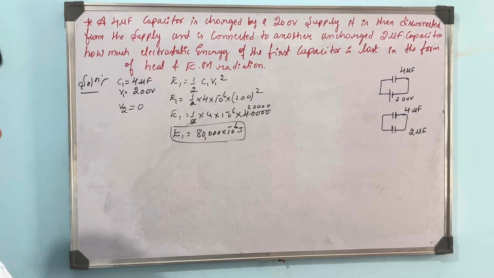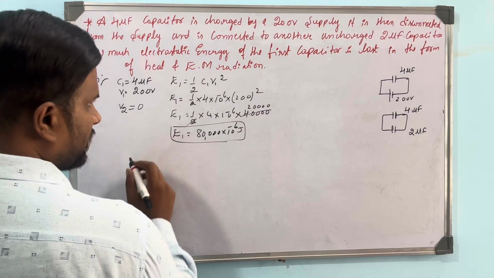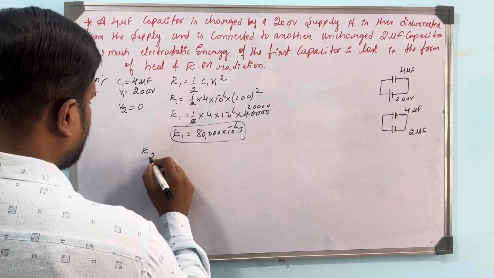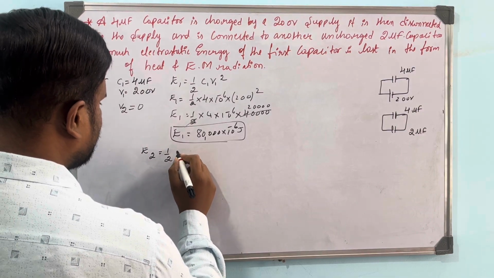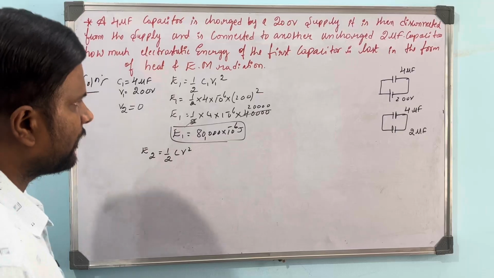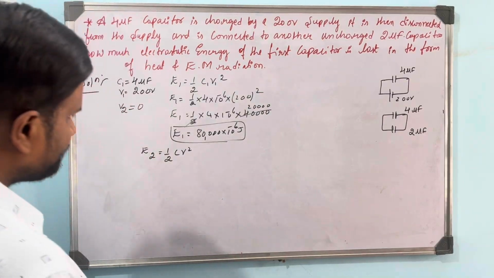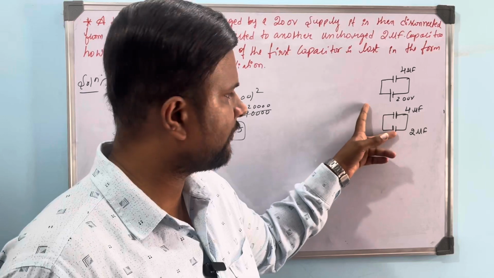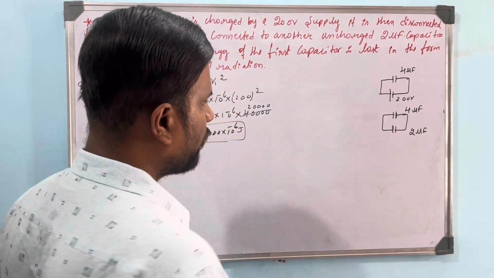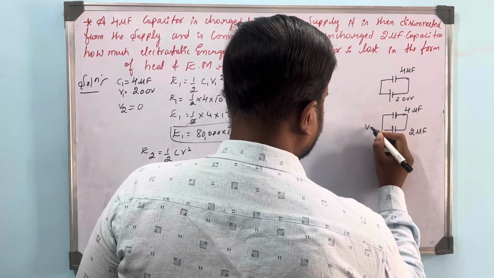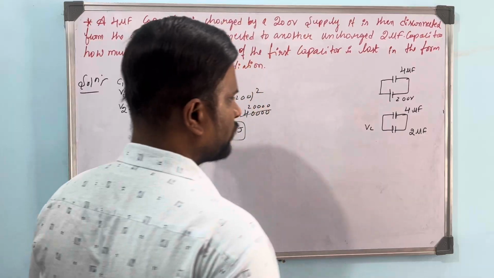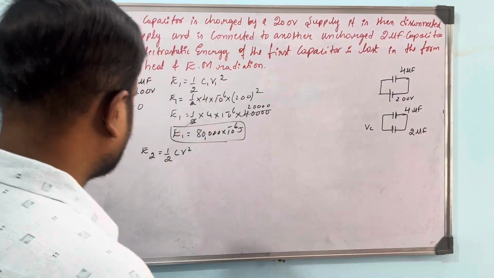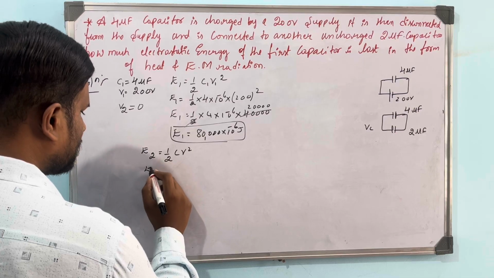Next, the second case: E2 is equal to half C V square only. Here they have not given a voltage, but the voltage becomes common in both the cases, and the two capacitors are in parallel.